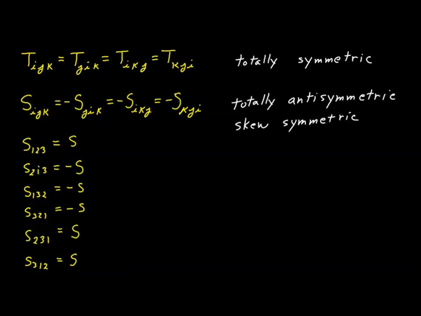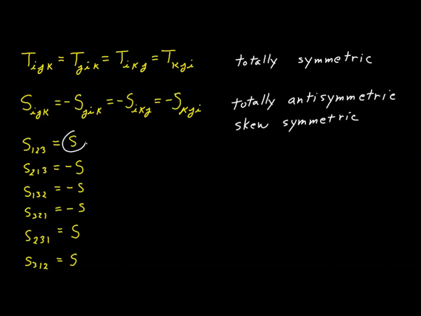Okay, now the interesting thing here is that in every case, in all 6 cases, we get either S or negative S. So, since we know that all the others have duplicate indexes and are 0, we'd say that an anti-symmetric system like this, or a skew-symmetric system with 3 indexes, is always going to have only 1 degree of freedom.